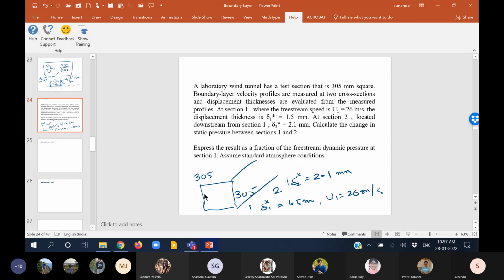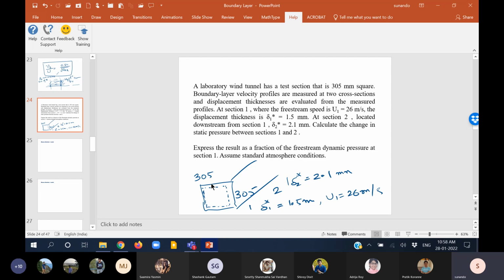If I reduce the cross section available by a certain distance, then through that reduced area, the flow can be treated as inviscid. Am I clear and correct?